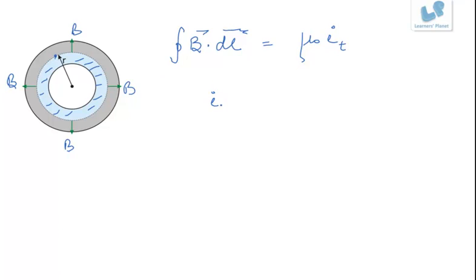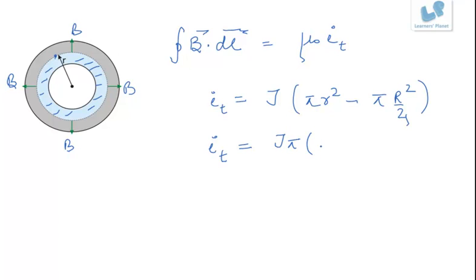So let us first find the threaded current. It will be current density J into the cross sectional area of this blue portion, which is πr² minus π(R/2)², so this becomes πr² minus πR²/4. This can be written as Jπ(r² − R²/4).